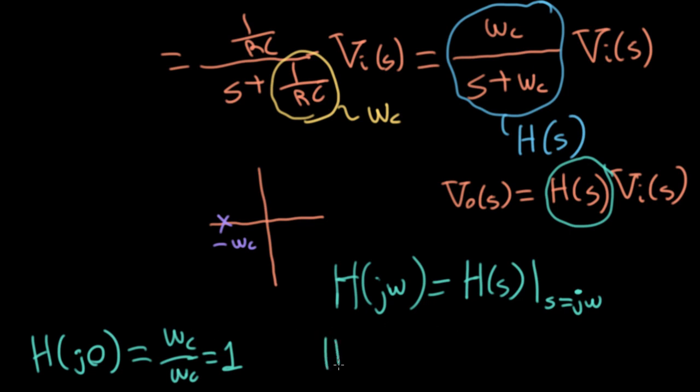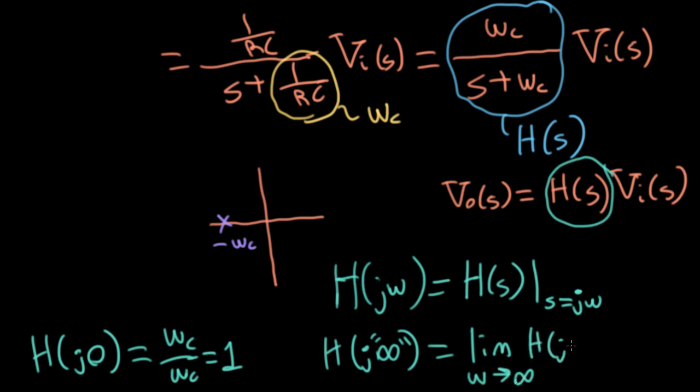What about if I were to evaluate it at infinity? And I'm going to put this in quotes. What I really mean here is I'm asking something like, what is the limit as omega goes to infinity of big H(j omega)? But I'm not going to bother being so formal here.